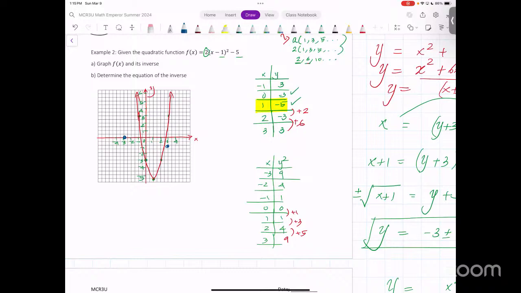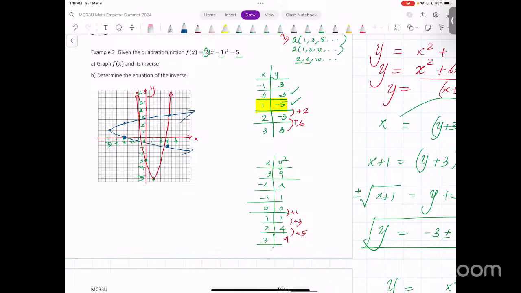Negative 5, comma, 1 is here. Negative 3, comma, 2 is here. 3, comma, 3. If I flip it, that's still 3, comma, 3. It's here. Look at that beauty. You can easily sketch the inverse when you have the mapping notation done.